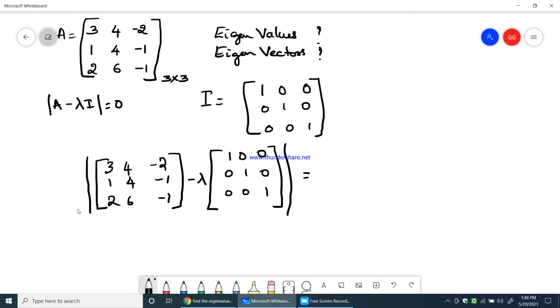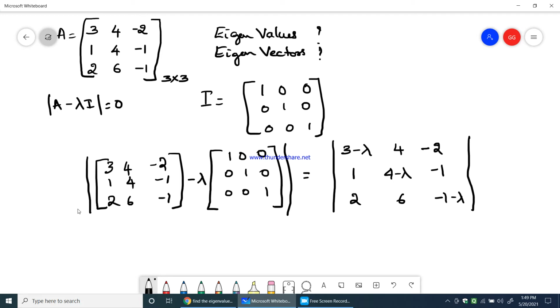This is equal to the determinant of 3 minus lambda, 4 minus 0 is 4, minus 2 minus 0 is minus 2, 1 minus 0 is 1, 4 minus lambda, minus 1 minus 0 is minus 1, 2 minus 0 is 2, 6 minus 0 is 6, minus 1 minus lambda. Now this is the determinant we need to find.